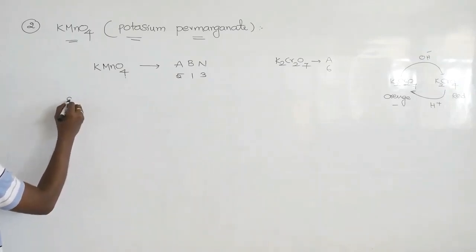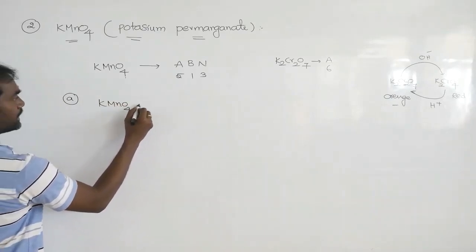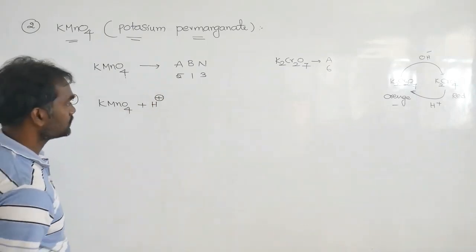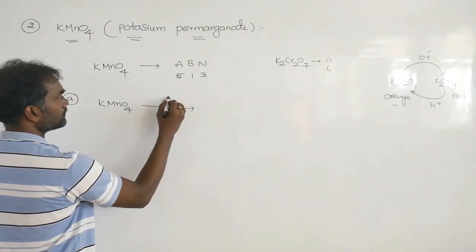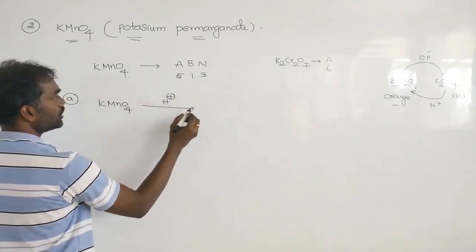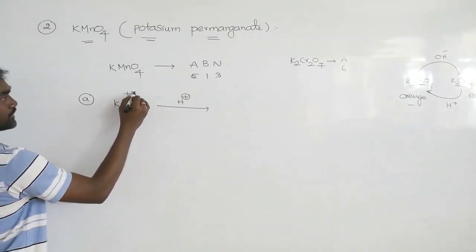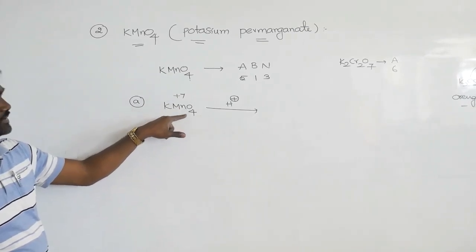So here 1, KMnO4 in acidic medium. So directly I am writing KMnO4 in acidic medium, H plus. So 5 electrons are exchanged. Here 4 2s are 8, so 1 is positive, remaining 7.